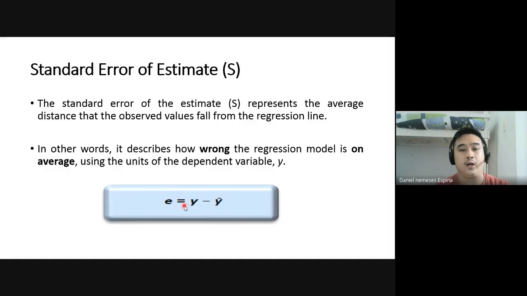So the standard error of estimate is denoted by E equal to Y, the dependent variable, but this is the actual value of the dependent variable, Y minus the Y hat or the forecasted Y. So this is our prediction. So what is the usual difference between the actual and the forecasted? What is our error, okay? On average.